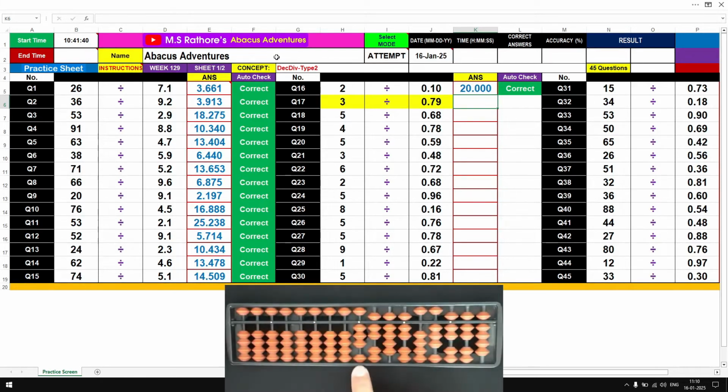Let's stop here and take the answer as 3.797.